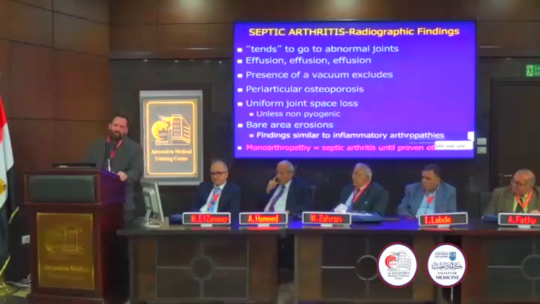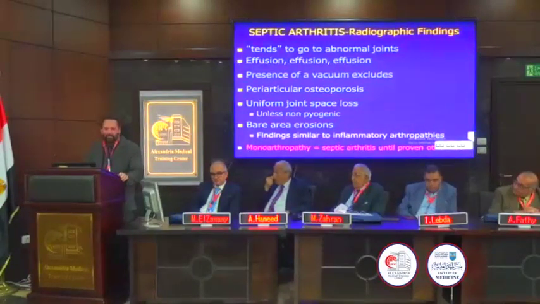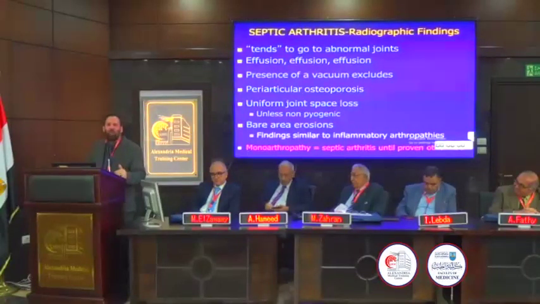Septic arthritis. If I have a bad left knee and a good right knee, which knee will get septic arthritis? Left knee? Correct. Now I have a bad L5-S1 disc space and a good L4-L5 disc space. Which will get discitis?